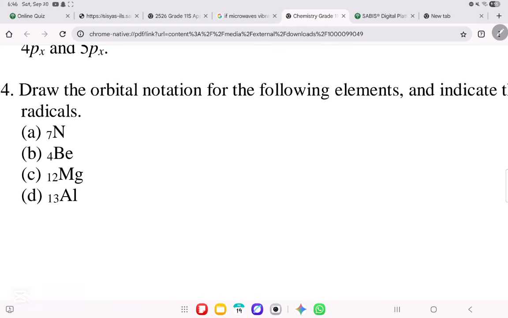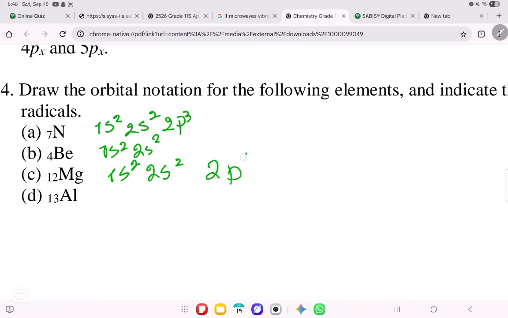Let's do them first. First one is 1s2, 2s2, 2p3. Then 1s2, 2s2. Then 1s2, 2s2, 2p6, 3s2, and then 1s2, 2s2, 2p6, 3s2, and 3p1.